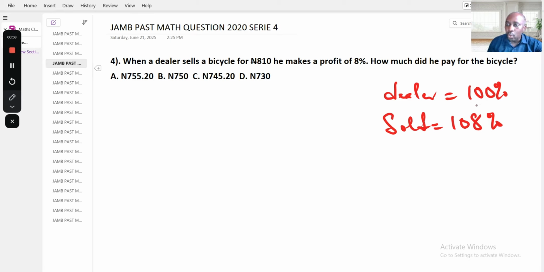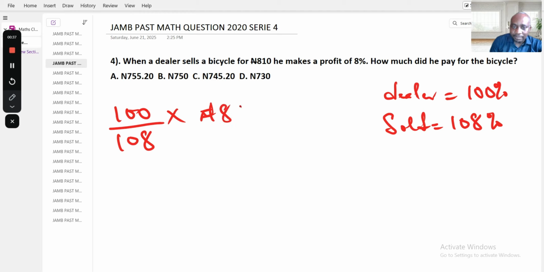Now we want to know exactly the amount of the bicycle before he sold it. What you are going to do is put the 100 at the top over 108 percentage: 100 over 108 multiplied by 810.